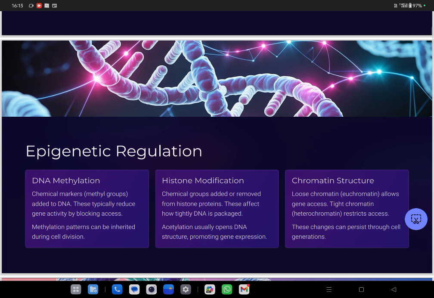And in chromatin structure, loose chromatin, euchromatin, allows gene access, whereas tight chromatin, heterochromatin, restricts the access. These changes can persist throughout cell generations.